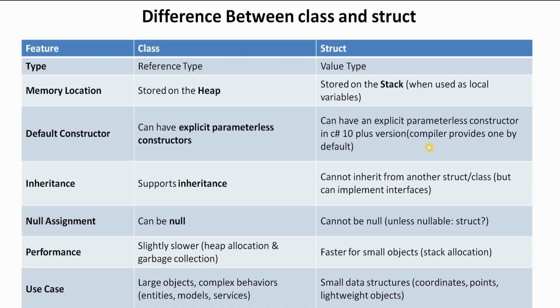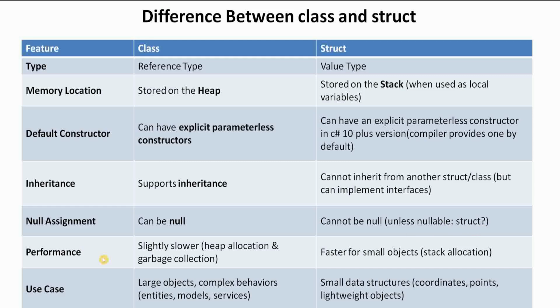If we do not provide any constructor, the compiler provides one by default. Next one is inheritance. A class supports inheritance. A structure cannot inherit from another structure or class, but can implement interfaces. Next one is null assignment. A class can be null. A structure cannot be null unless a nullable structure is defined.